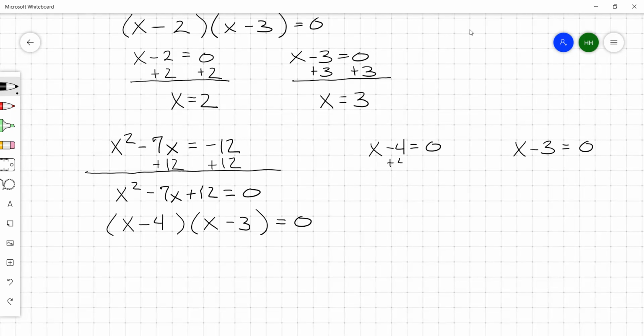So we can add 4 to each side, and x equals positive 4, and then add 3 to each side. All right, so your solutions are positive 3 and positive 4.